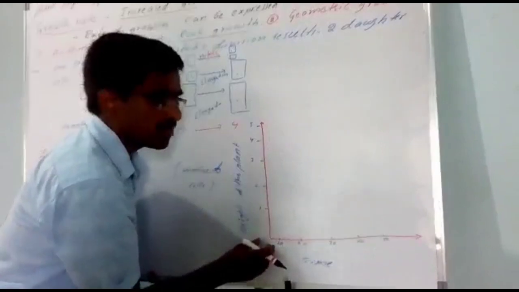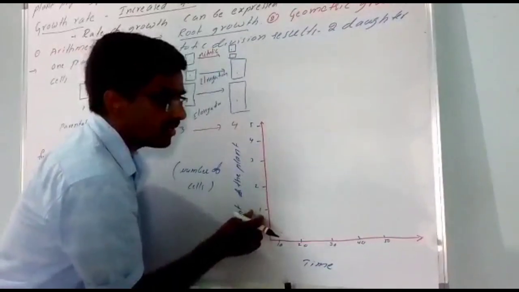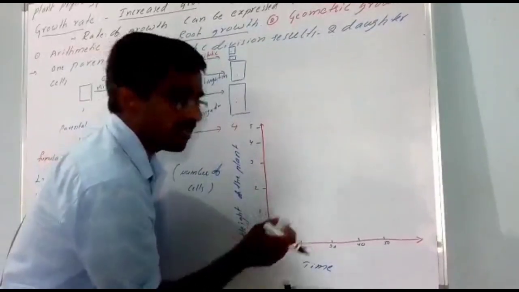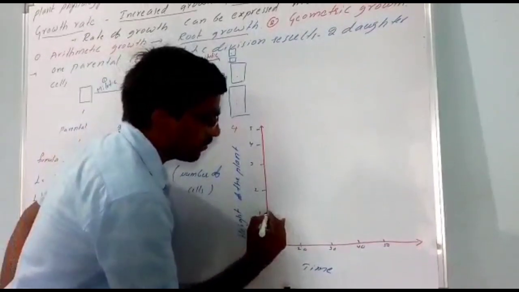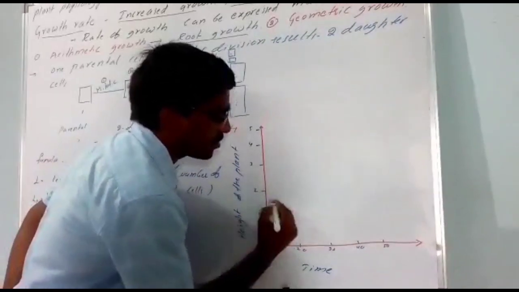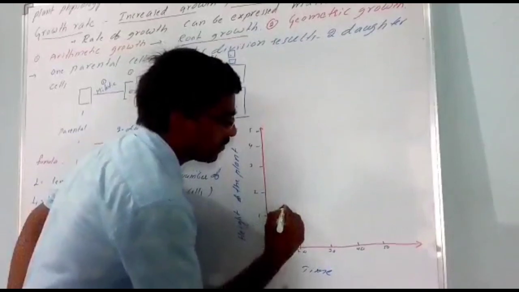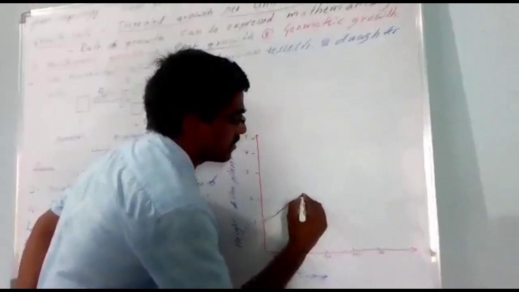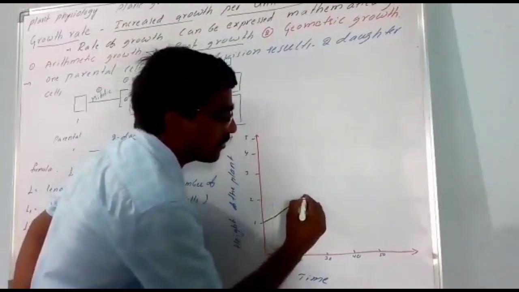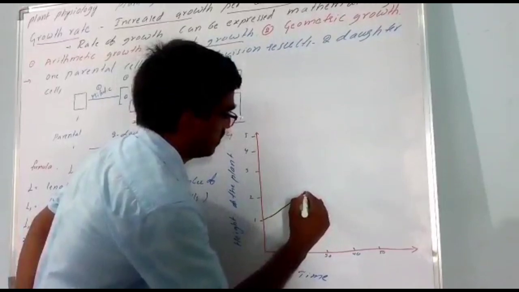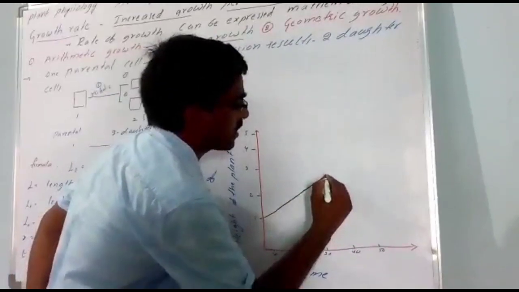At time 0, the number of cells is 1. When the time expands from 0 to 10 seconds, the number of cells becomes 2, then 3. For every 10 seconds, the cells increase.